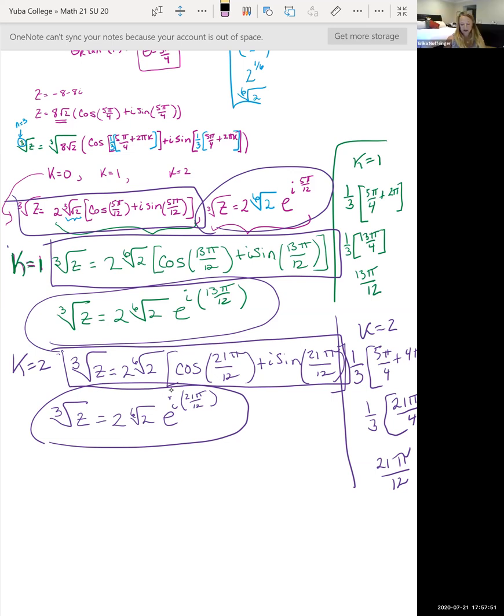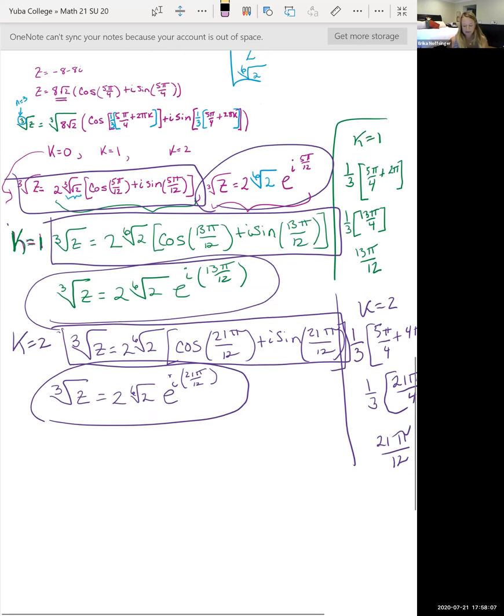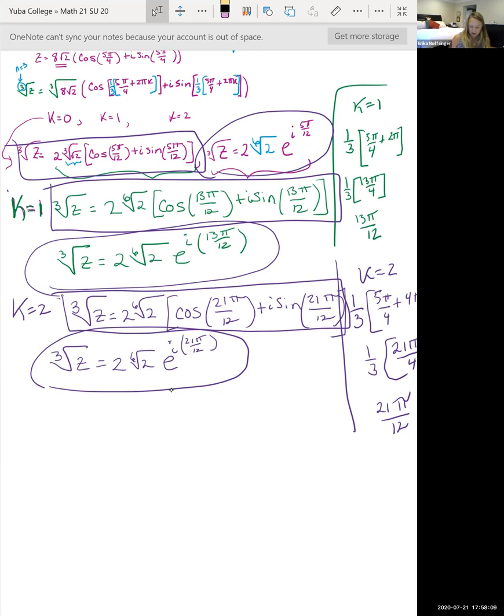Yeah, so then we can do the rectangular form, and these aren't going to be pretty, but we could do it. We could put 13 pi twelfths in the calculator and get those values. You could also graph these. So it basically is saying that we have 3 roots of that complex number.